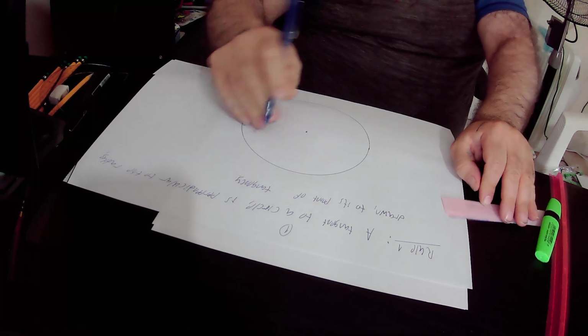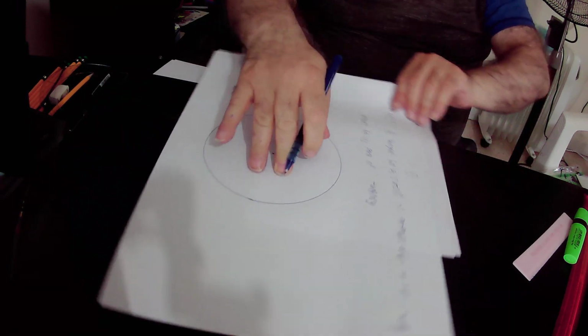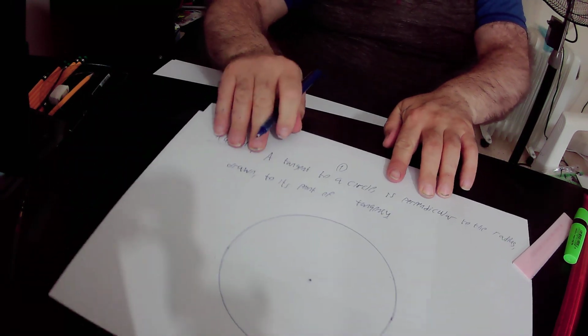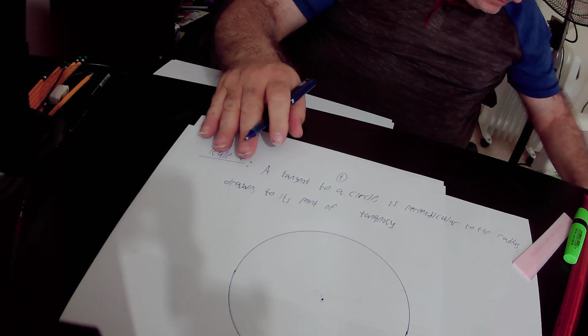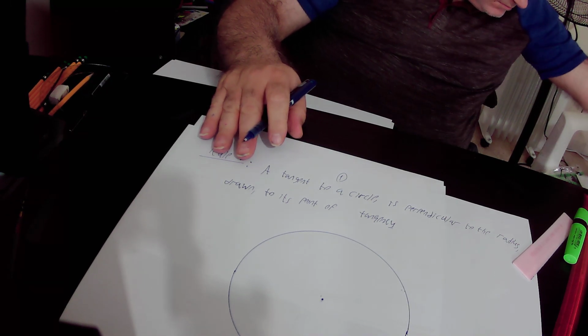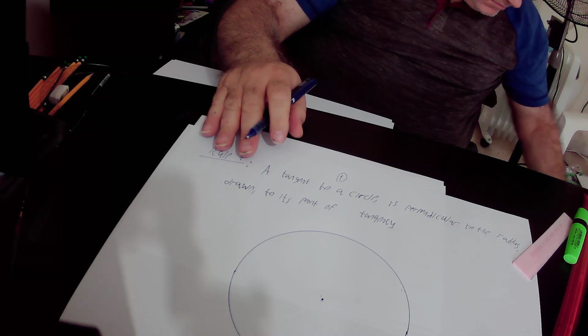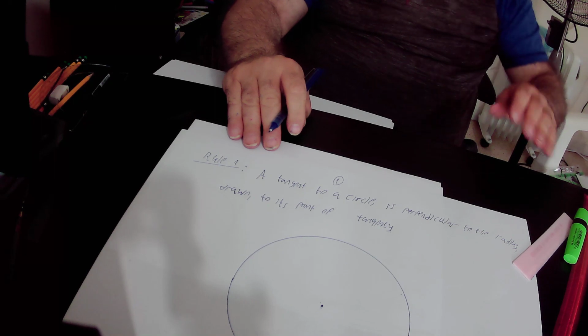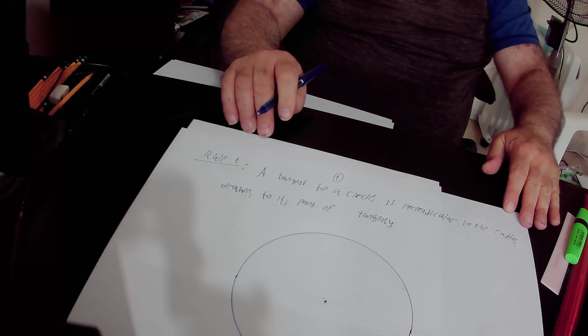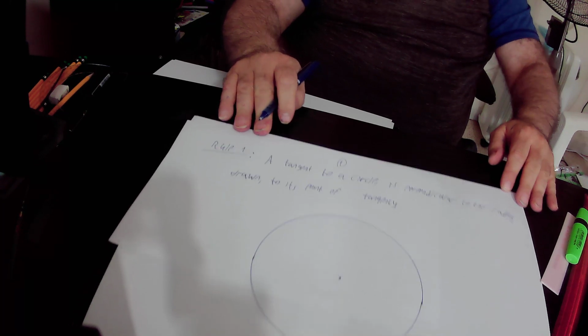So I'll read rule number 1 again. According to rule number 1, a tangent to a circle is perpendicular to the radius drawn to its point of tangency. So what is the meaning of rule number 1?